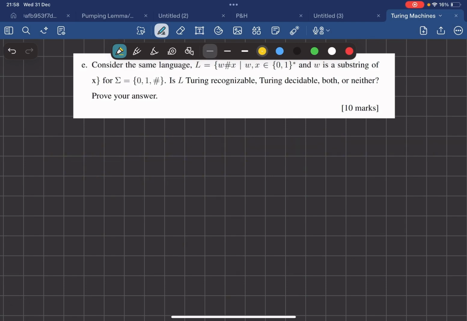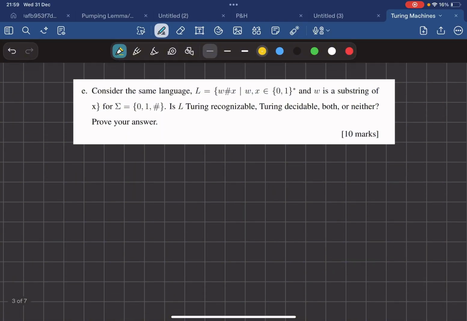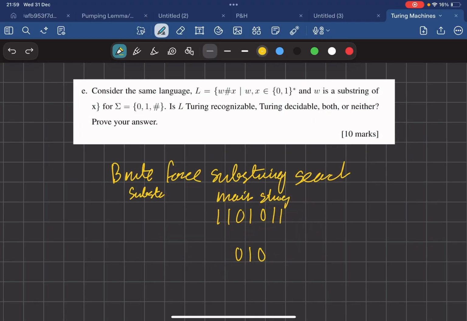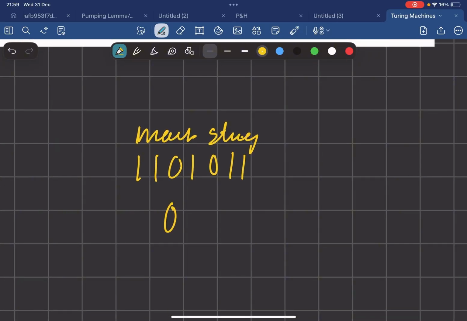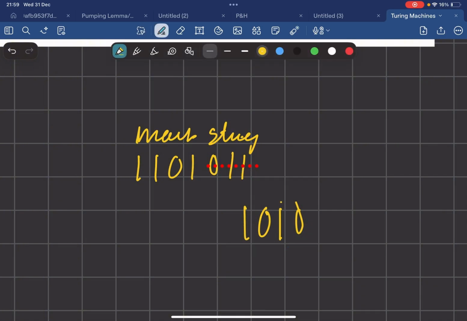Okay, so because we know there exists an algorithm to do this, an algorithm that gives you a yes or no answer on whether or not a string is a substring. Sorry, I forgot to mention, if it is the case that we went through the entire string, tried every start position, and we couldn't match it, at that point we know that this string is not a substring of the other one.